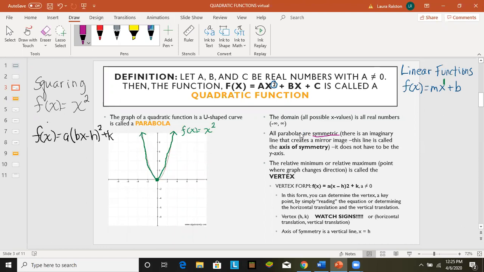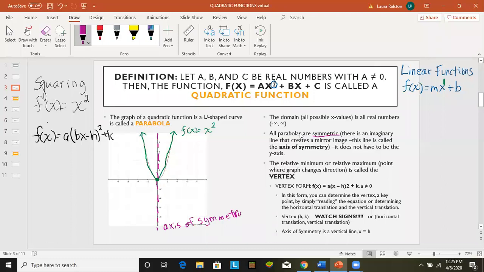That axis of symmetry, as they call it, or line of symmetry, always goes through that center point. So on our basic graph, our axis of symmetry happens to be the y-axis.